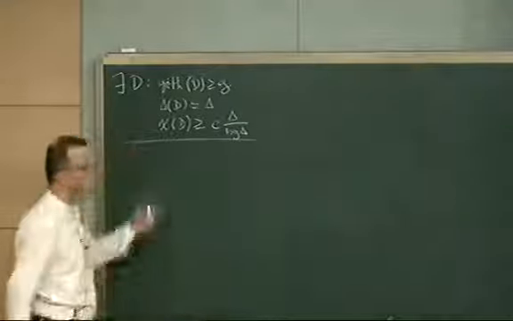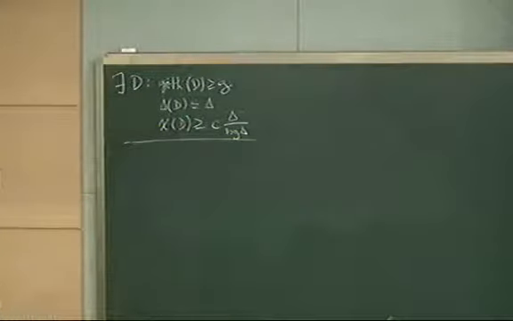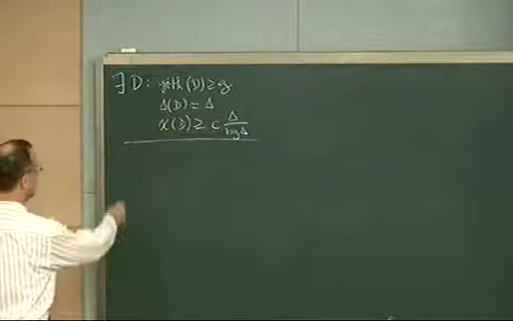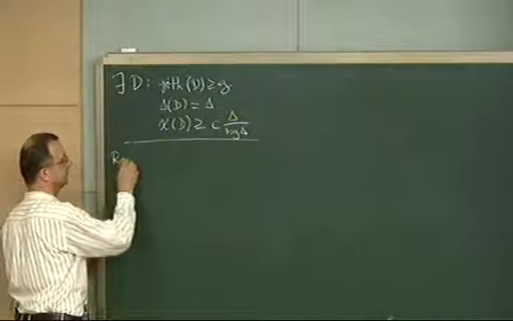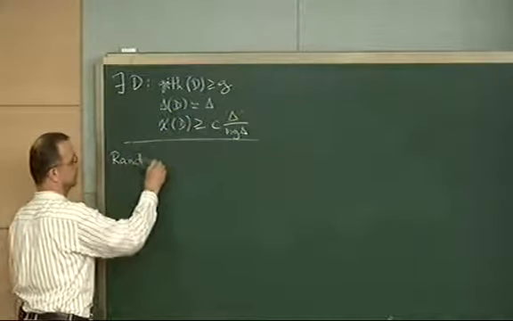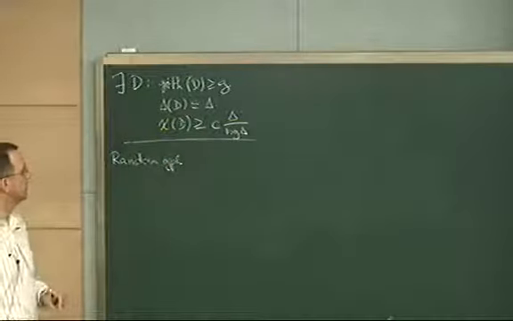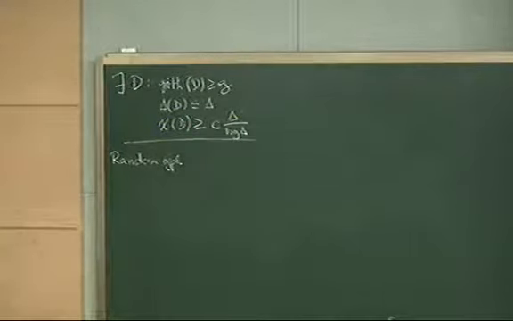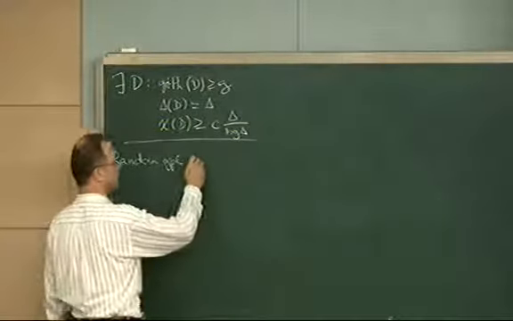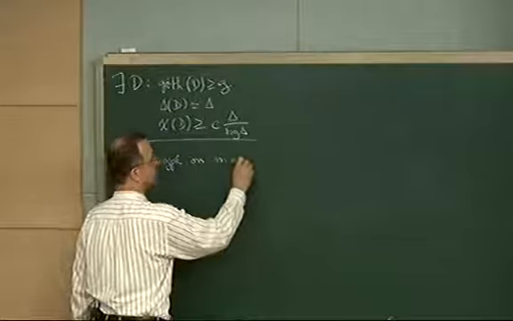So it's a normal thing you do in probabilistic proofs. You take a random graph. And there are arbitrarily large such graphs. So you take a random graph on n vertices. N is large.